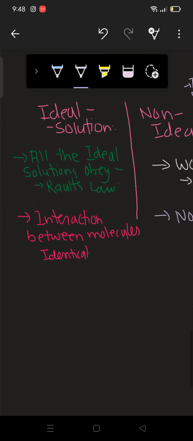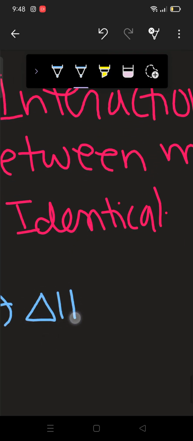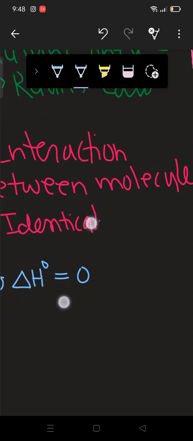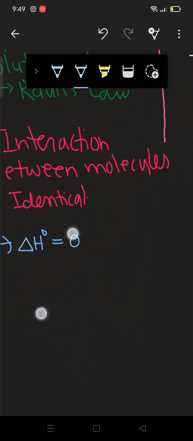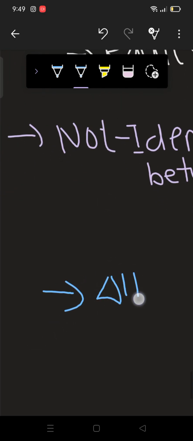Alright, so an ideal solution has one more feature. Here the enthalpy change would be equal to 0, right? And here in the non-ideal solution, the enthalpy change would not be equal to 0.